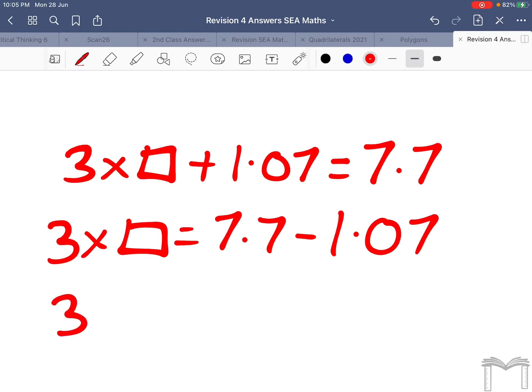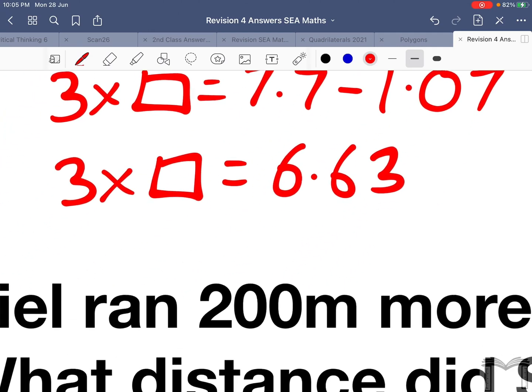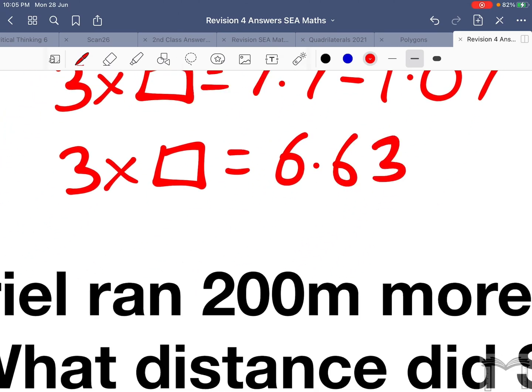When we work that out, which is not difficult, we'll get 6.63. So 3 boxes is equal to 6.63.